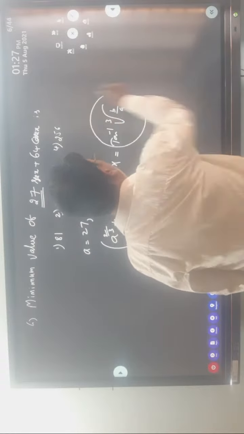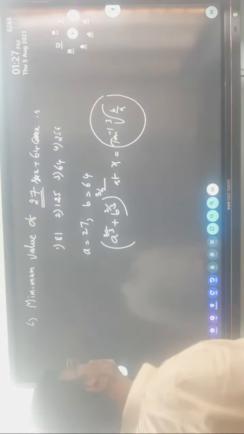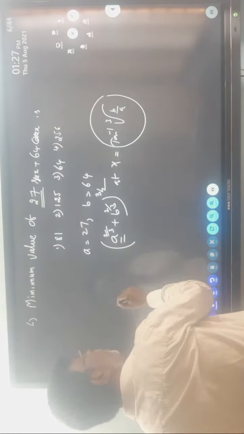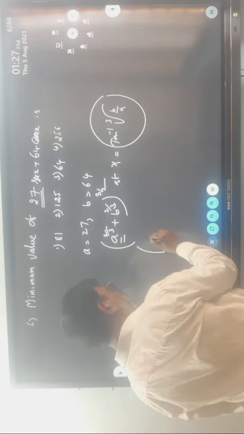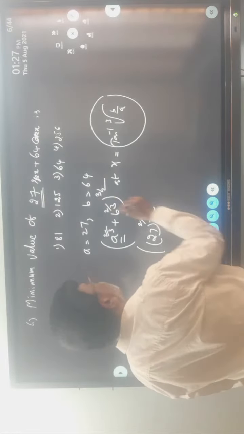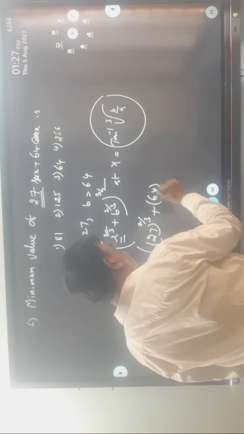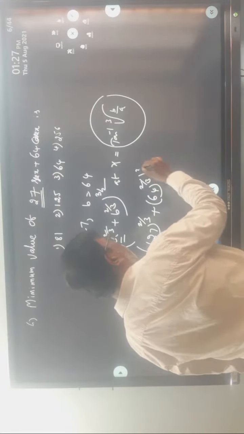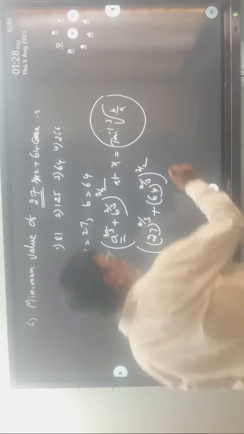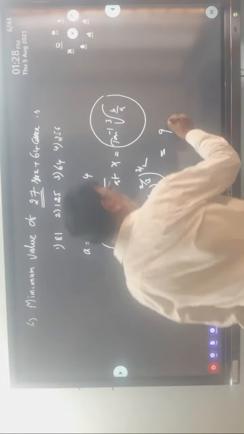But this is not asked now. He is asking only the minimum value. Substitute A, which is 27. 27 power 2 by 3 plus 64 power 2 by 3, whole power 3 by 2. 27 power 2 by 3 is 3 square, 9. 64 power 2 by 3 is 4 square, 16.